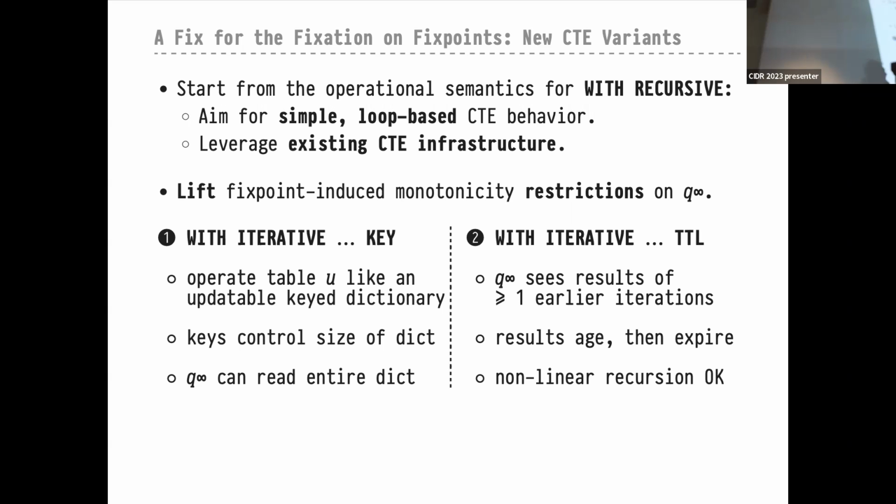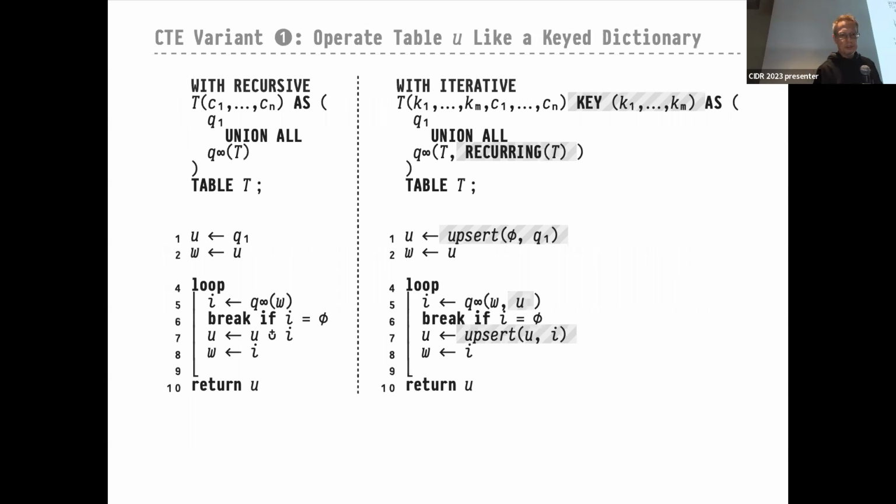And I will show an example why that might be useful. And there's a different version, the with iterative TTL. TTL stands for time to live variant, in which Q loop can see its earlier results unless they are too old. Results that you have produced can be seen again by Q loop unless they're too old and they expire. So they don't pollute your intermediate results that Q loop will see in subsequent iterations.